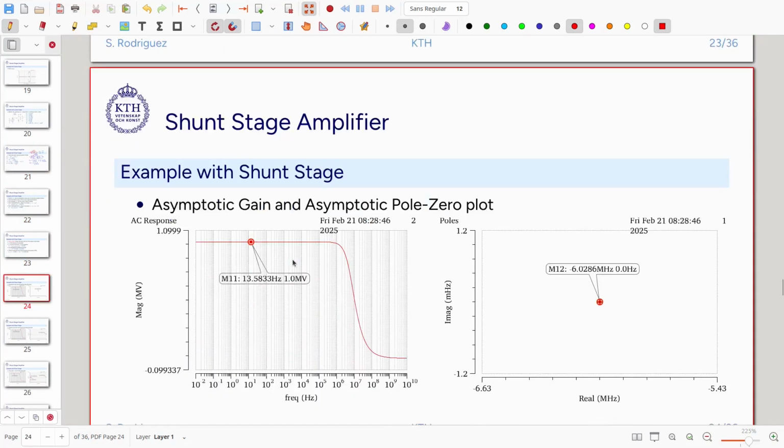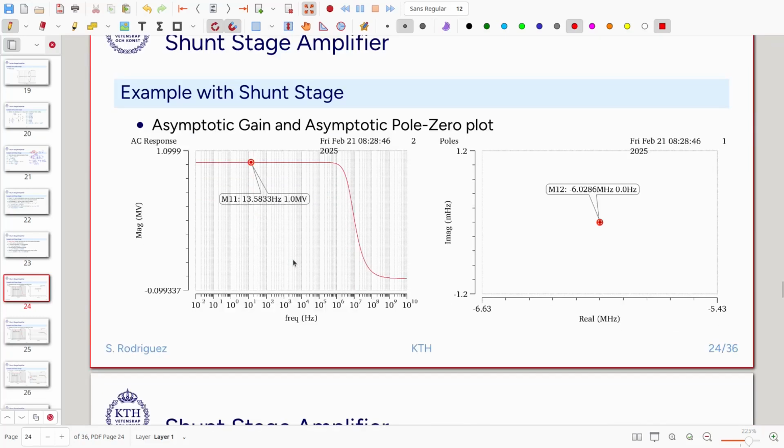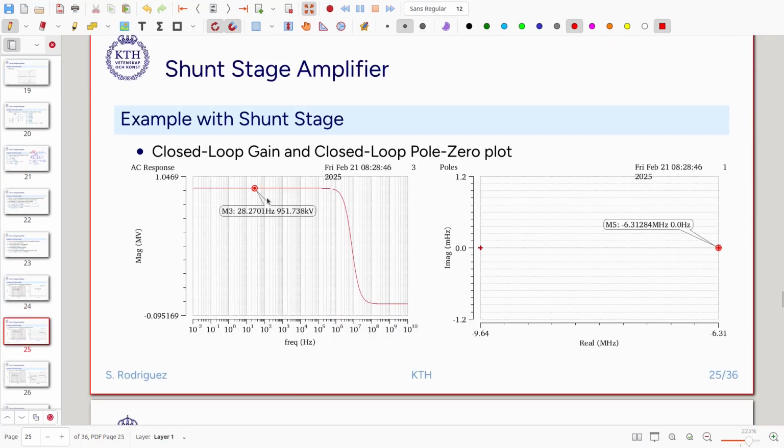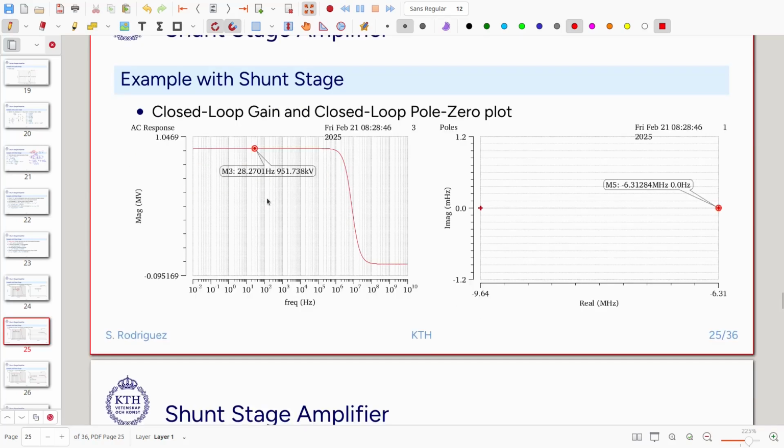Okay, so let's take a look very quickly at what the simulator tells me. For the asymptotic gain, it tells me 1 mega ohm at low frequency, so that is what I calculated. For the closed loop gain, it is giving me around 952 kilo ohms.